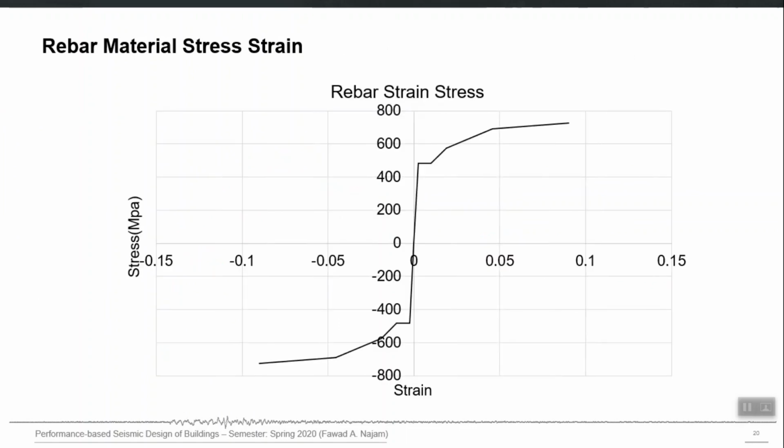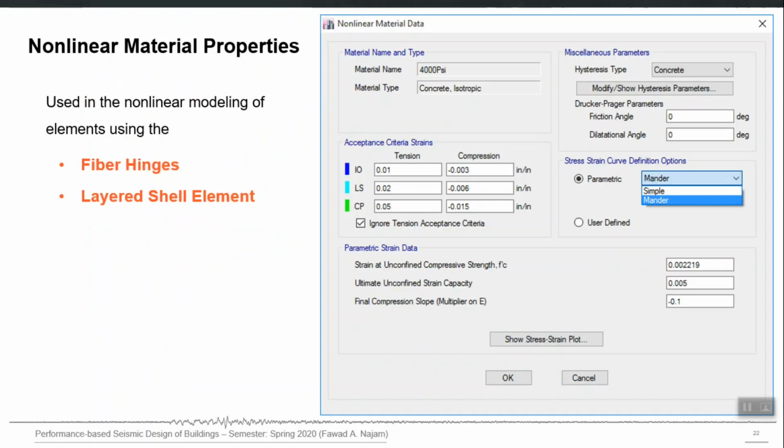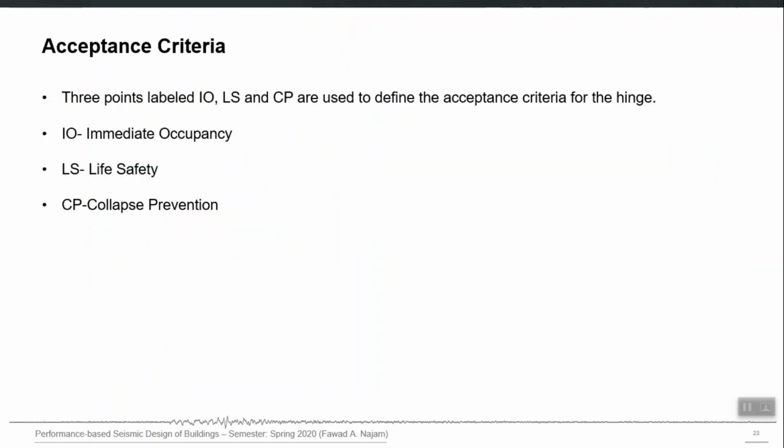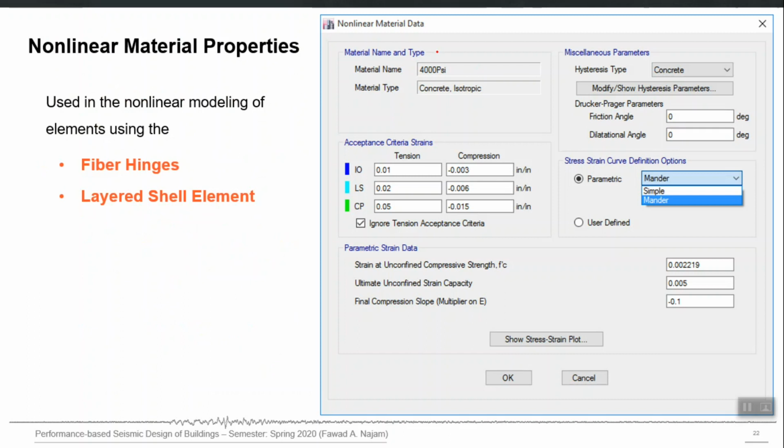So ETABS allows you to have user defined stress strain curves. This is the form to define the stress strain curve for each material. Again, just like the plastic hinge approach, this area is the actual force deformation behavior or stress strain behavior.